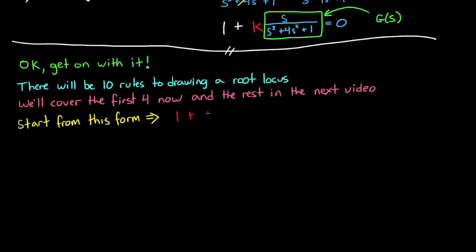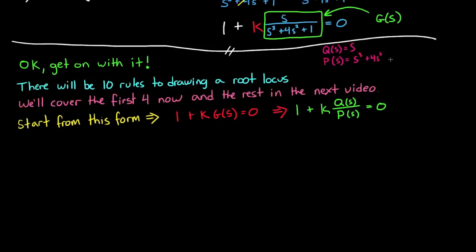Remember that we always start from this form of the characteristic equation: 1 plus k times g of s equals 0. And instead of writing g of s, we can just write it as the ratio of 2 polynomials, q of s in the numerator and p of s in the denominator. So if we look at what we did before, q of s would just be s, and p of s would be s cubed plus 4s squared plus 1.